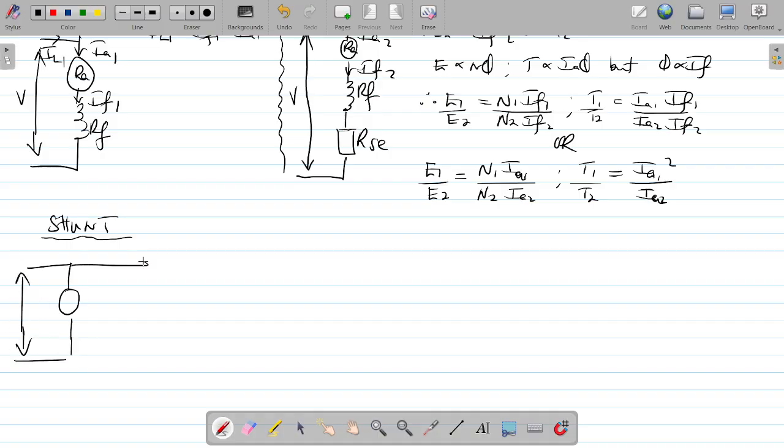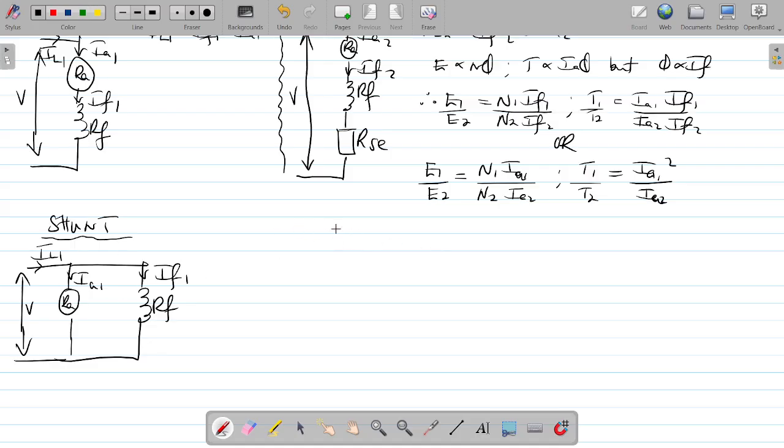The normal circuit for the shunt, all we had was this. Now with this one, it needs me to maybe use examples which have some values. So this is RF, terminal voltage. This is my original circuit.